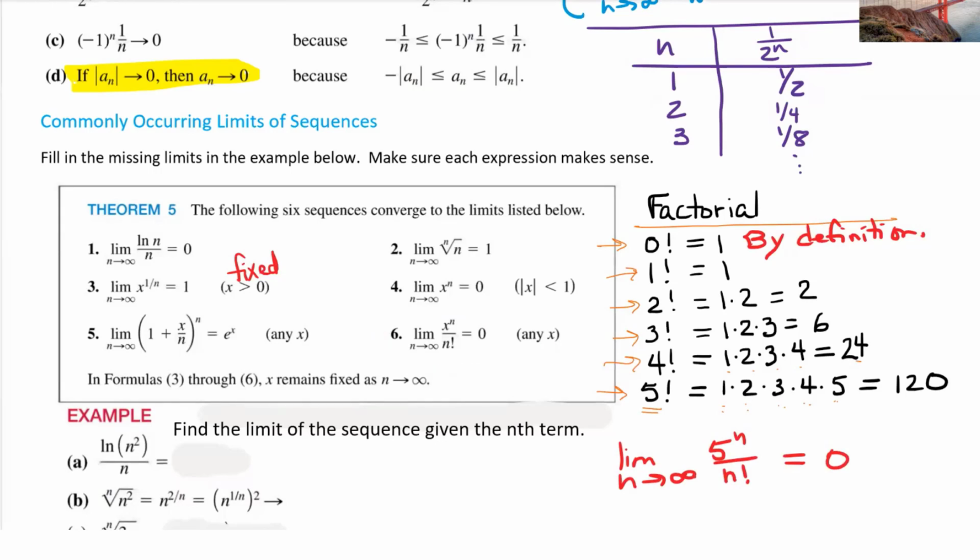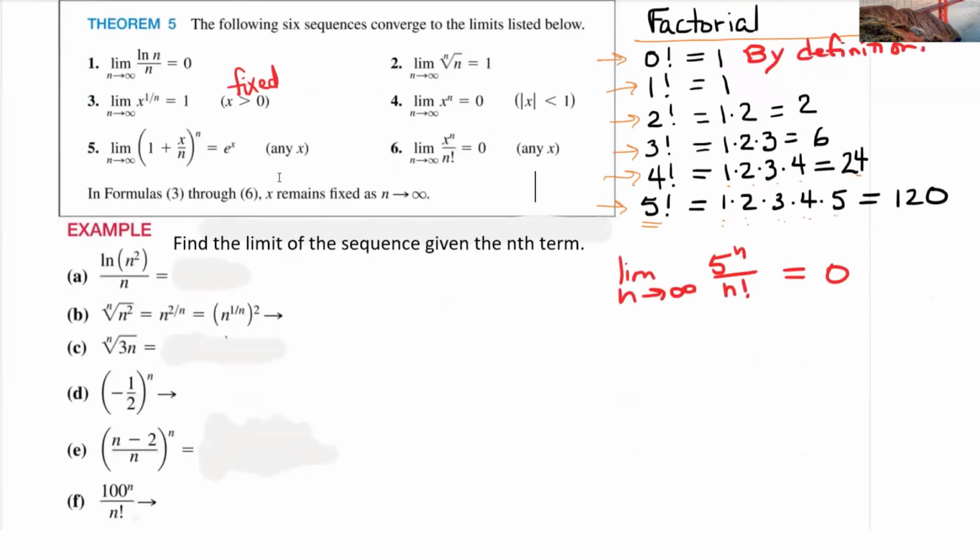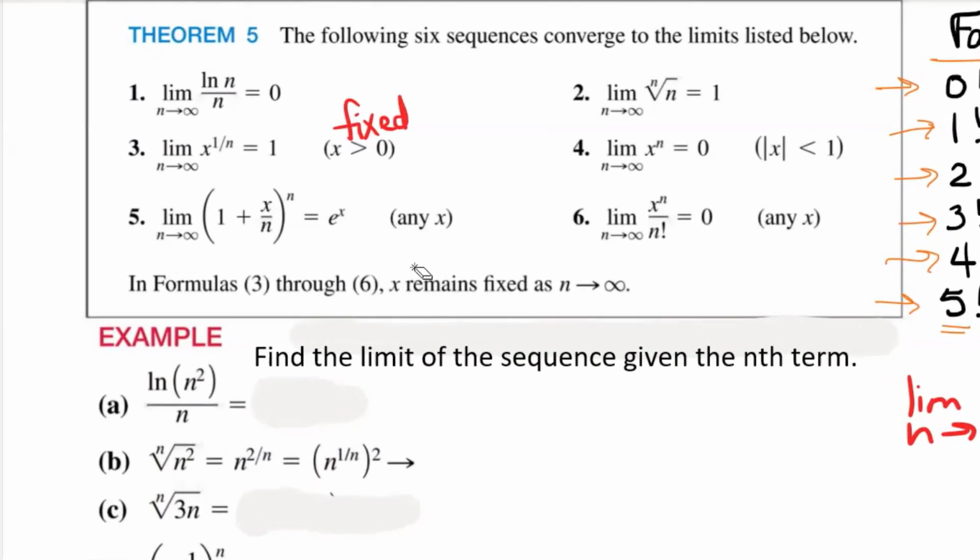All right, so let's use these facts to find the limits. They're giving us the nth term of the sequence, and they're asking us to determine the limit of the sequence. So we have natural log of n squared over n, and we want to figure out the limit of the sequence.